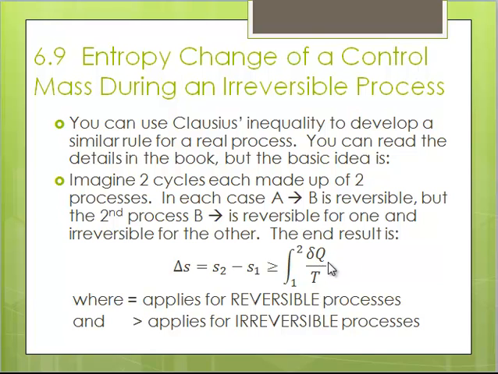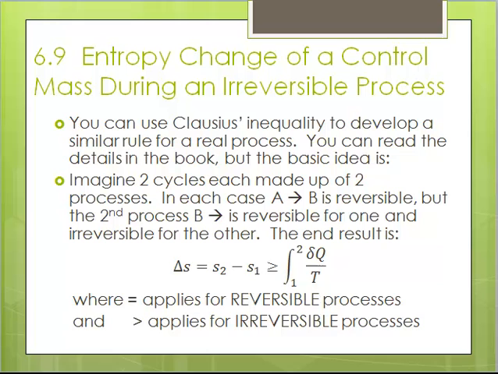So if I do that, then I can say that the net dQ over T is going to be positive, or negative, or 0 for my two different cases, and I end up with that delta S is greater than or equal to this for reversible or irreversible. So whenever I get delta S equals dQ over T, it's a reversible process. For irreversible processes, delta S will be greater than dQ over T.